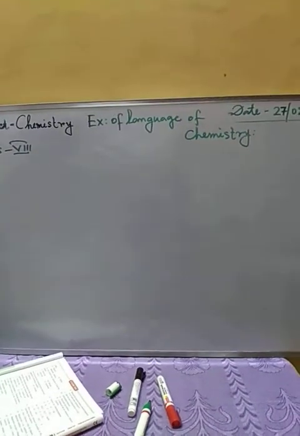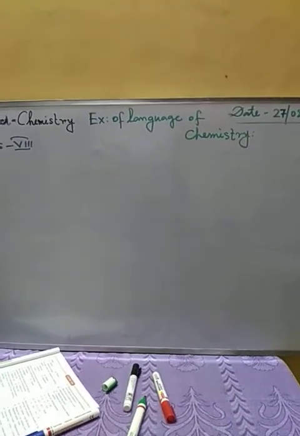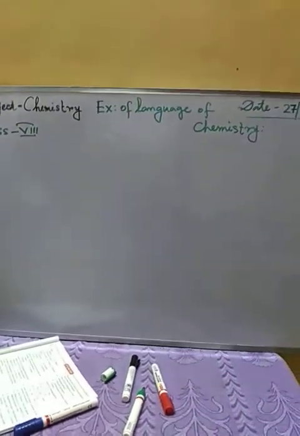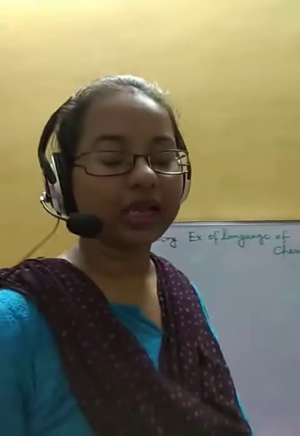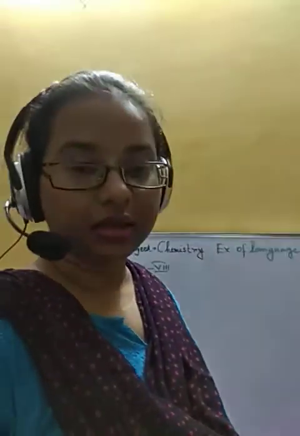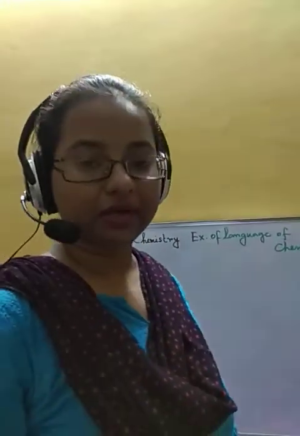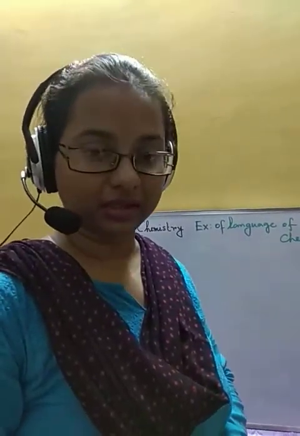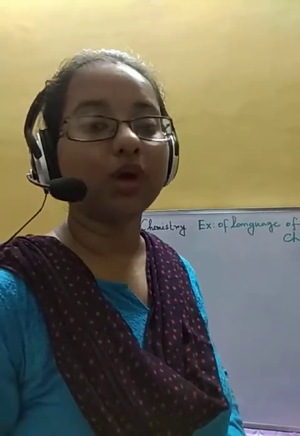Variable valency, we know what that is: when one element can have more than one valency, that phenomenon we call variable valency, that the valency is variable, it may be more than one.